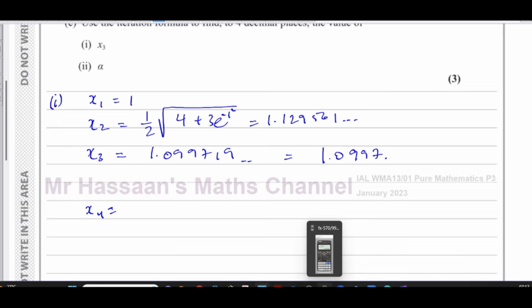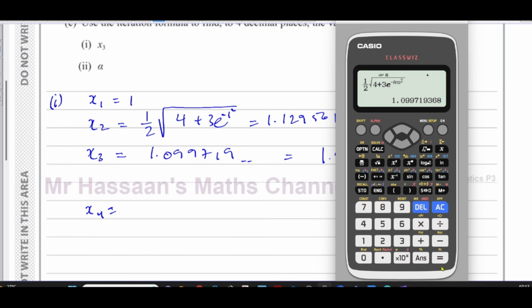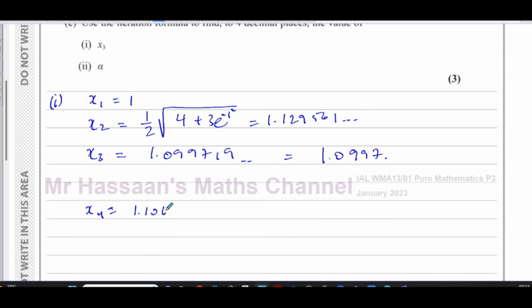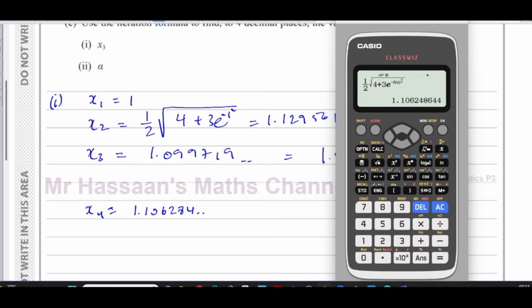So I'm going to press equals again, and that will be x4. That will take this x3 value and put it back into there. That gives you 1.10625. I'll put 1.106286 just to give it some extra.